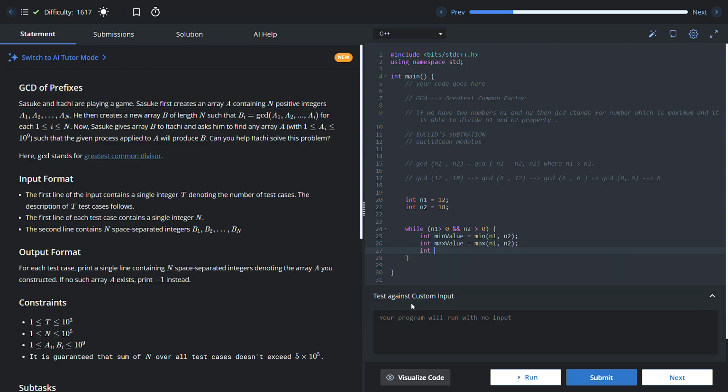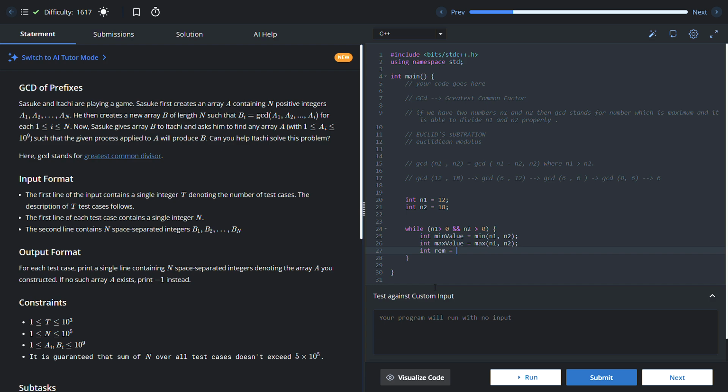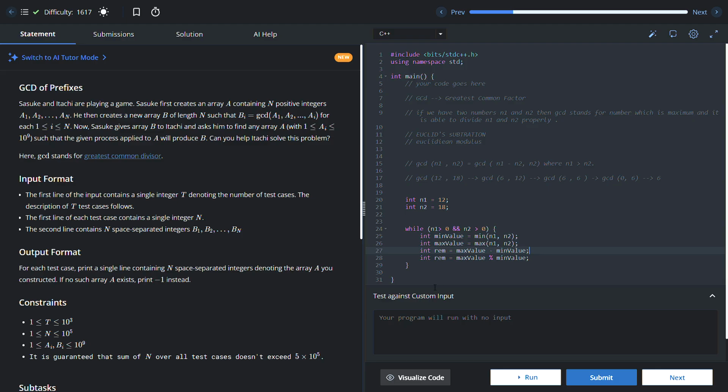Then we have to find the remainder, that is rem is equal to max value minus min value. For optimization, we can also rewrite it as max value modulus min value. You can read the theory for these methods, then you can know how it works.